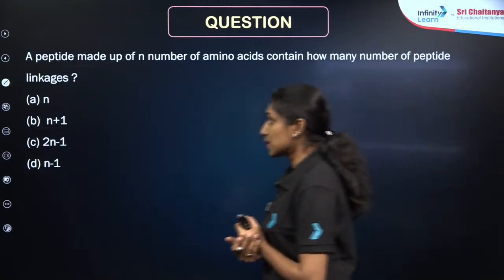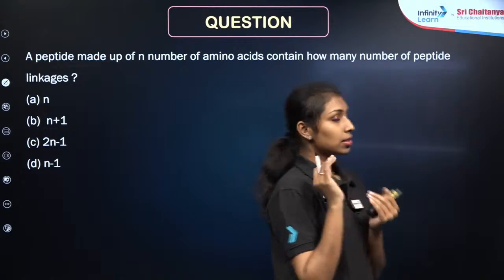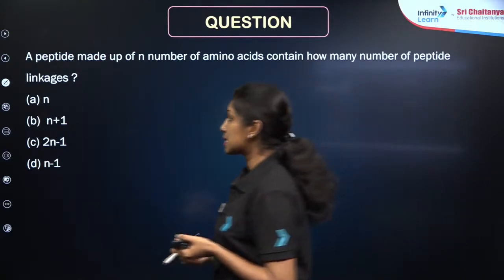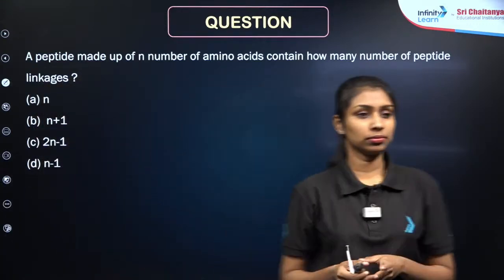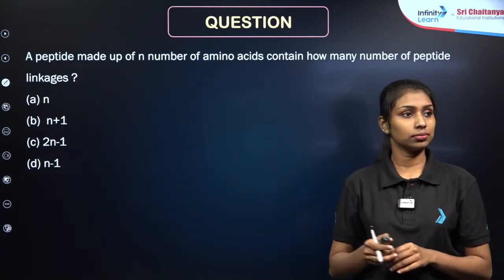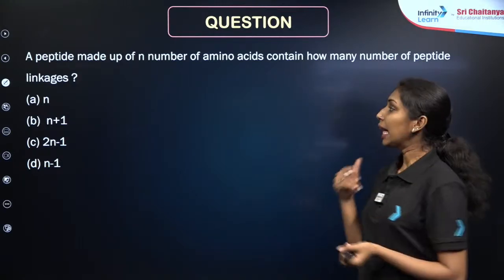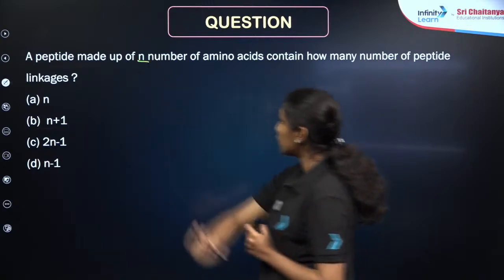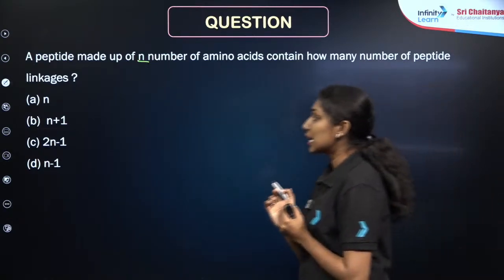Okay, here is the next question. This question is based on the peptide bond, right? Peptide bond or the amino acid part. What will be the answer here? A peptide is made up of n number of amino acids, and it must contain how many peptide linkages?